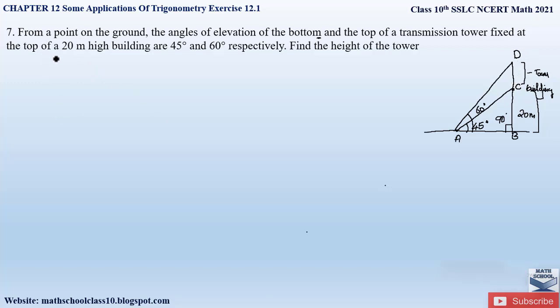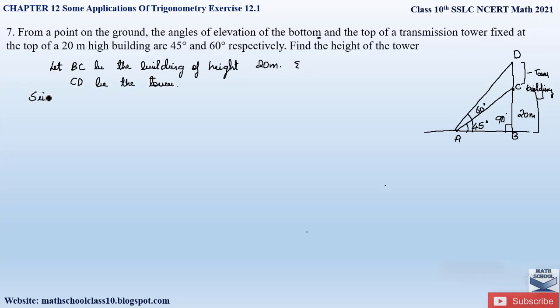Let BC be the building of height 20 meter and let CD be the tower. Since the tower and the building are vertical to the ground, triangle ABC and triangle ABD are right angle triangles.